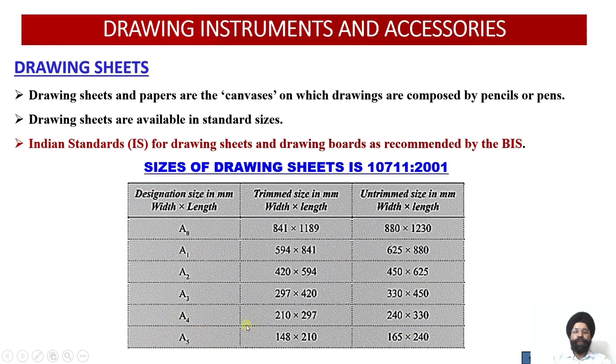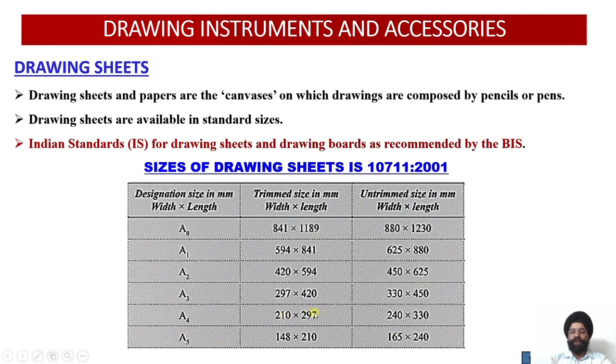Now the A4 sheet we usually use, because this size is used in our day-to-day work regarding all the Xerox that we get. So the standard size of the A4 sheet is 210 by 297. This is our standard A4 sheet which we easily recognize in our day-to-day work.